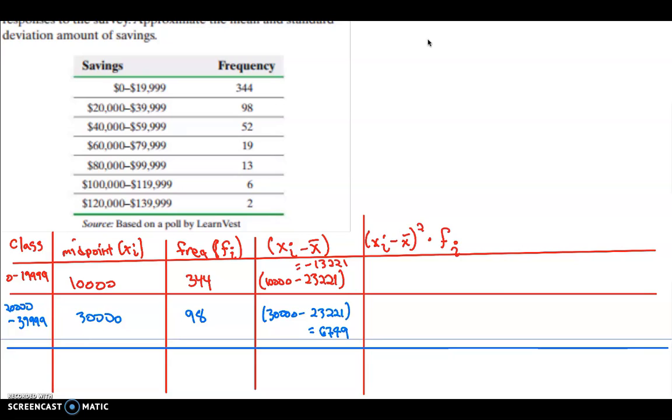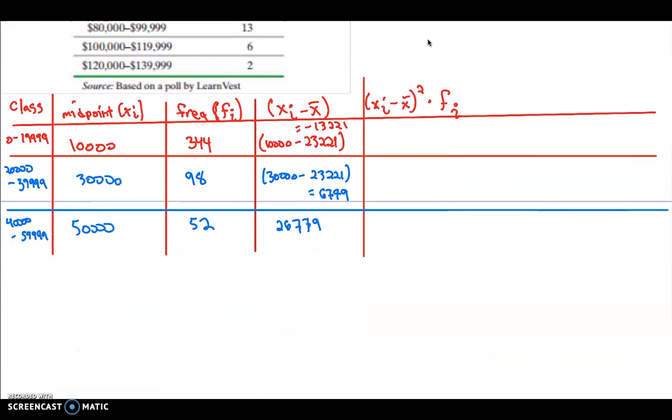Okay, and then our next class was from 40,000 to 59,999. So then we'll have a midpoint of 50,000, and we take 50,000 minus 23,221. Okay, that's going to be 26,779. So we're basically going to be adding 20,000 to all of these here now. And you'll notice that I have not done all of the deviations squared times the frequencies yet. I'll get to that in a moment.